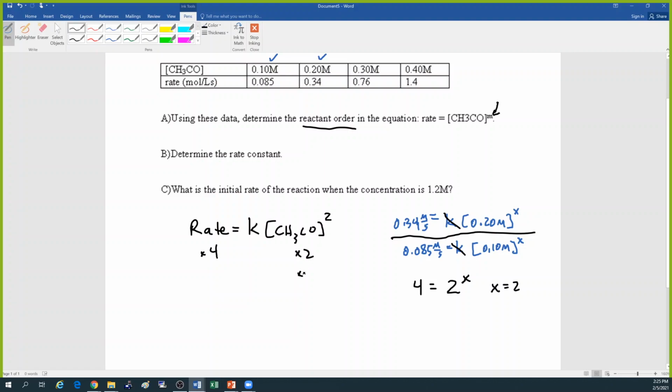If you were to triple this concentration, 3 squared would give you a 9 times faster reaction. And so we see that this reaction is quite sensitive to the concentration of this reactant. We already knew it wasn't a 0 order reaction, because if this had been a 0 order reaction, what would be happening to the rate each time?